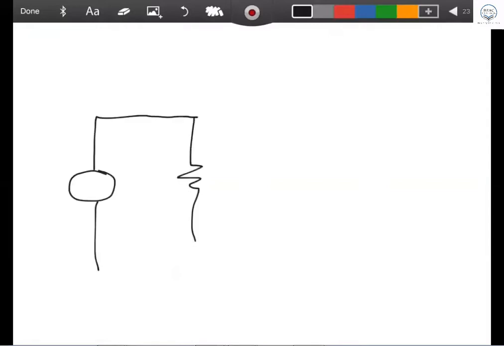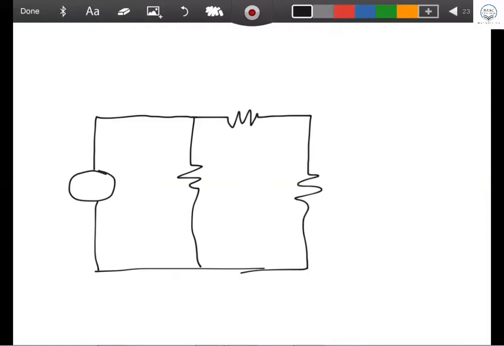Look, this is the current source, this is the resistor, this is another resistor here, and this is the current source, right? This one was 3.1 amps, 2 ohm.